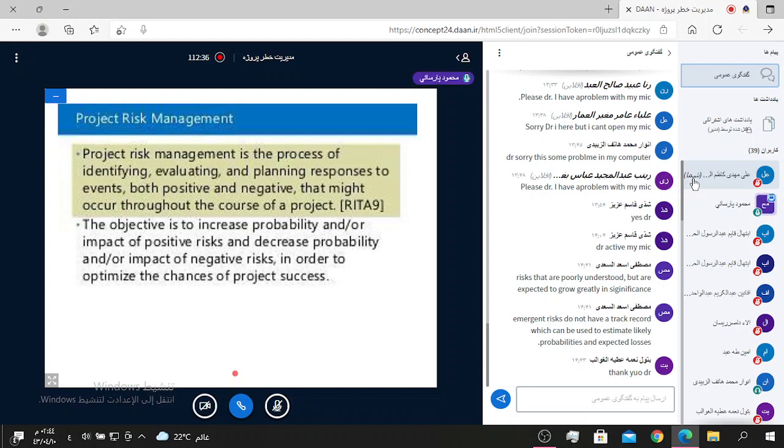Notice that in project management we study and design with certainties in our project, and after that we start and complete the construction of that project.